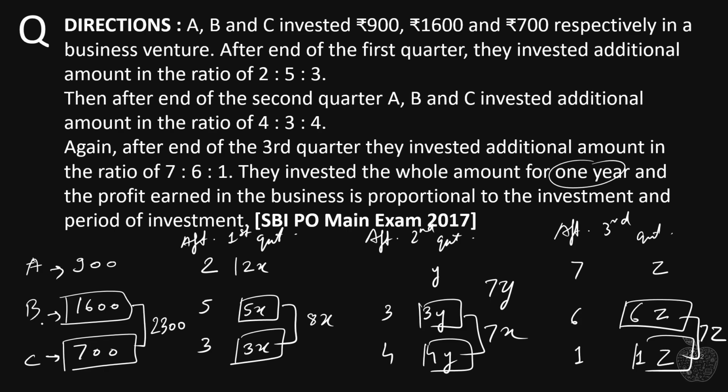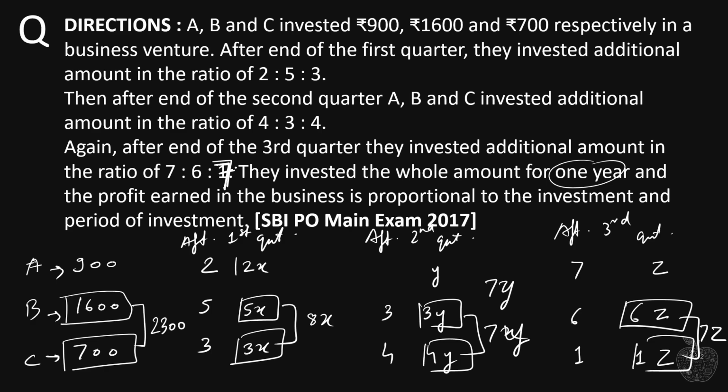Now the total investment of B and C here is 2300 plus 8x plus 7y plus. All right, so there is a slight mistake here. I have just rectified it. This is 7:6:7, not 7:6:1.